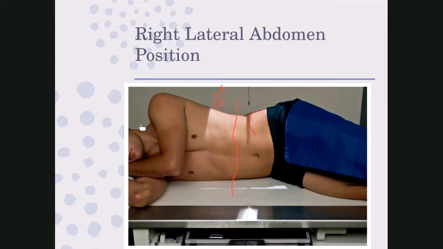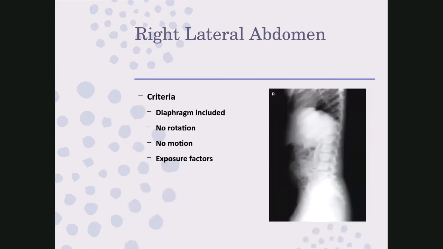Your technique is still 80 kVp at 25 mAs. And again, this patient is likely to be done on one 14x17 lengthwise. Central ray is 2 inches above iliac crest at mid-coronal. And anytime you're 2 inches above the iliac crest, your diaphragm is going to be included.